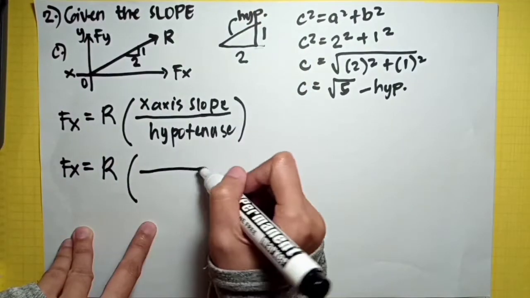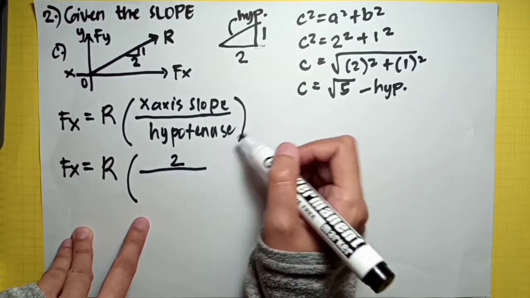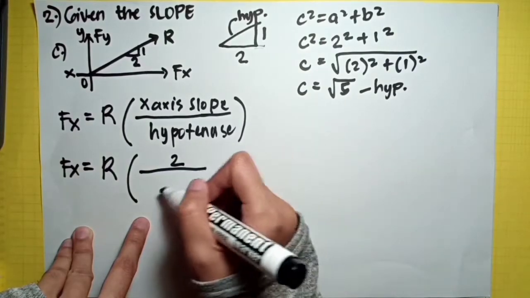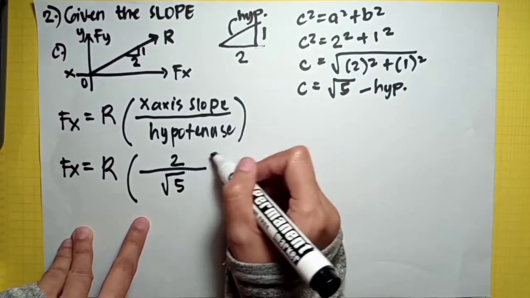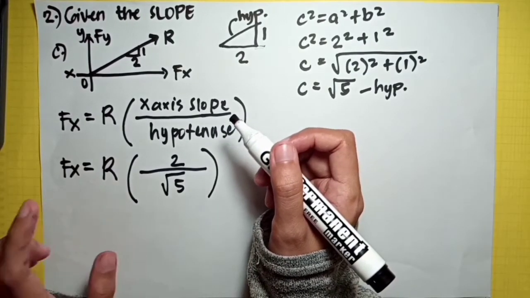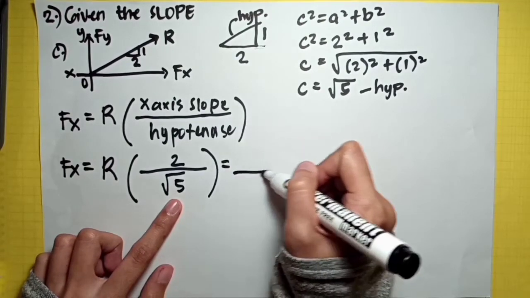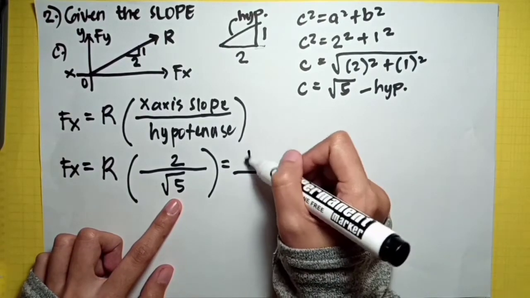So, ang x-axis niya ay 2 over ang hypotenuse naman na sinolve natin, which is the square root of 5. Kung ano man yung value ng r sa mga problem na may encounter nyo, imumultiply nyo lang dito, and then makukuha nyo na ngayon ang value ng f sub x.